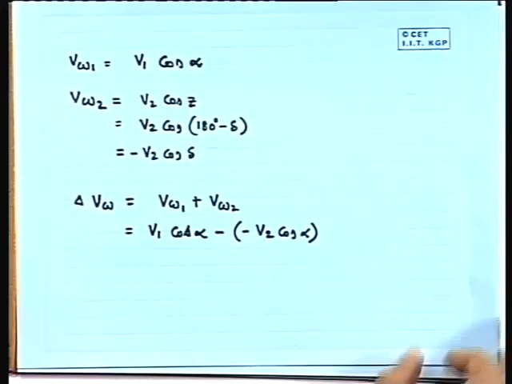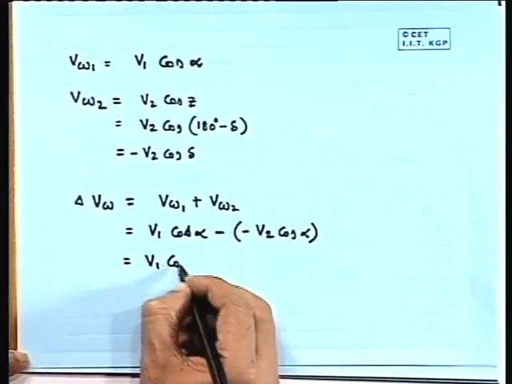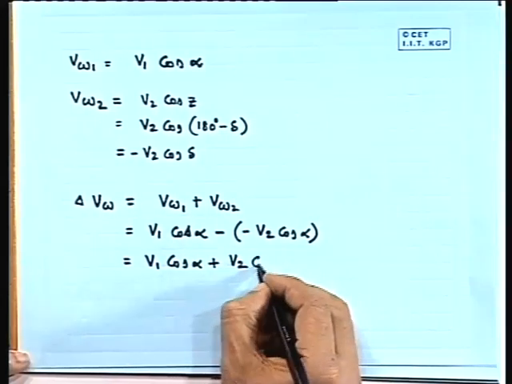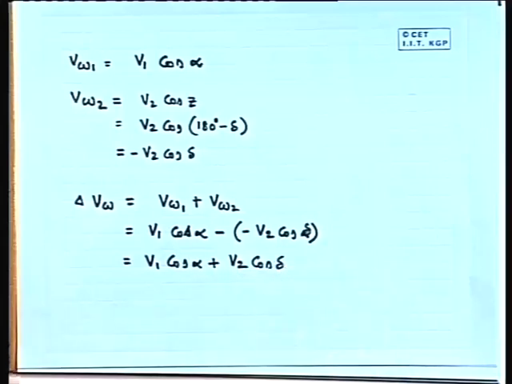According to the diagram which I have drawn, we can get it like this. So, basically we can put V 1 cos of alpha plus V 2 cos of, sorry, this is delta, cos of delta.